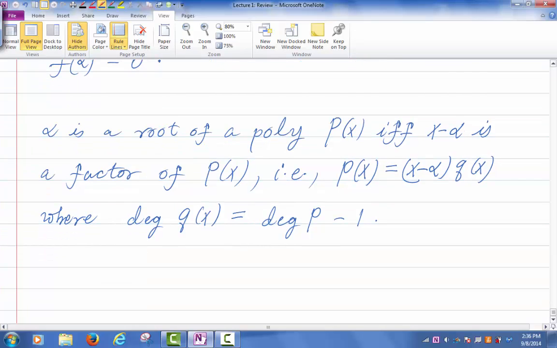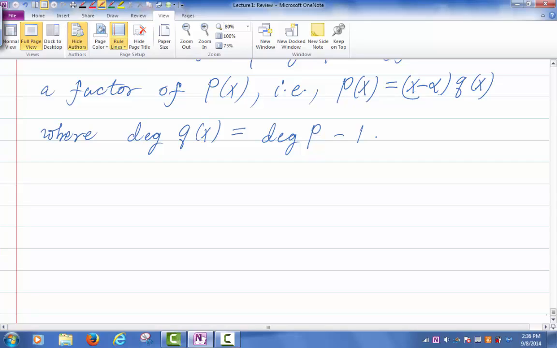Let me give you an example to explain this. Let's take the polynomial p of x to be x cubed plus 3x squared plus 3x plus 1.